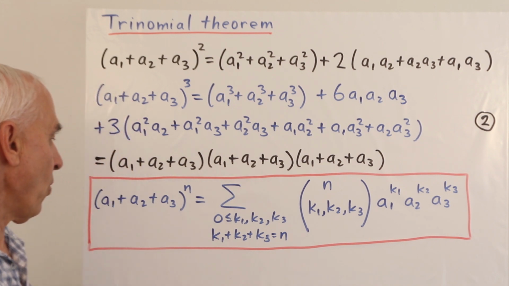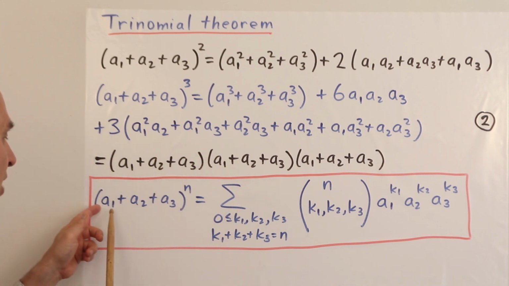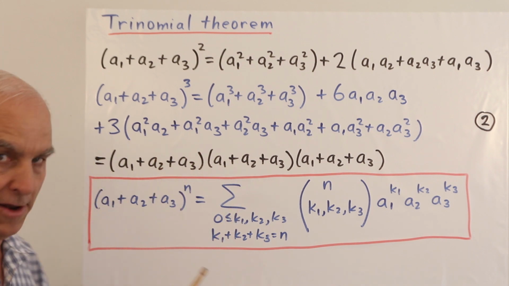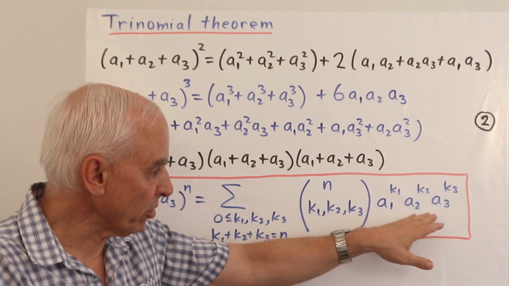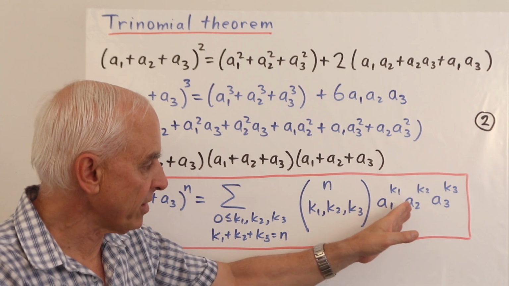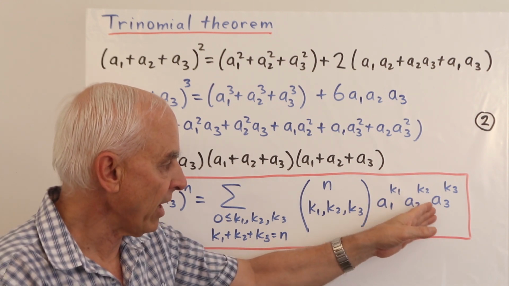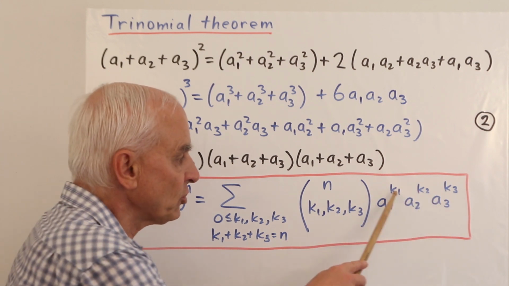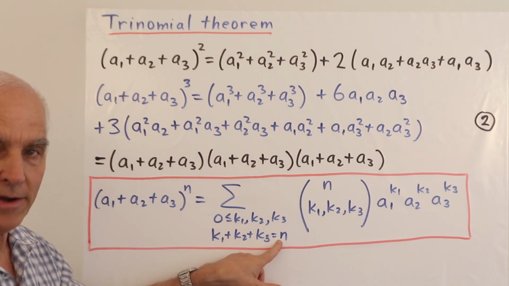And what is the general situation for the trinomial theorem? If you have (a1 plus a2 plus a3) to the n, then you can write it as a sum of terms. Each is a power of a1 times a power of a2 times a power of a3. Say a1 to the k1, a2 to the k2, a3 to the k3. The total degree had better be n, so k1 plus k2 plus k3 equals n.